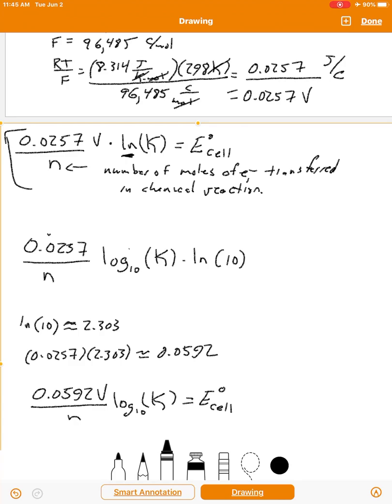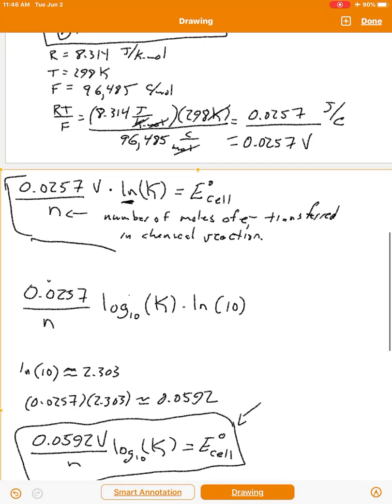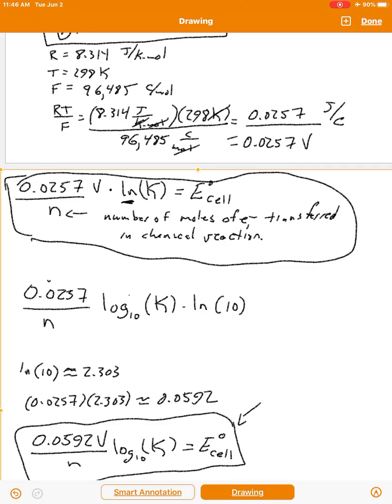That form is the one you're going to see more often. Both can be used to do the calculations. Now that we have electronic calculators that can do natural log as easily as log base 10, we don't have to use this form. We could use the form up here if we wanted to, but it doesn't really matter. We can use either one. They'll give us the same answer.